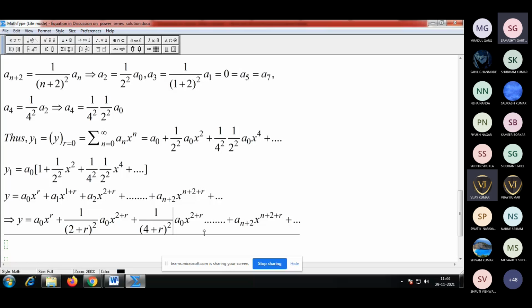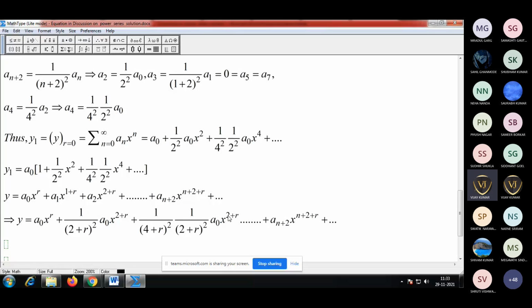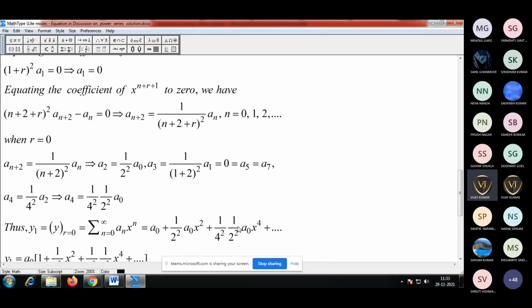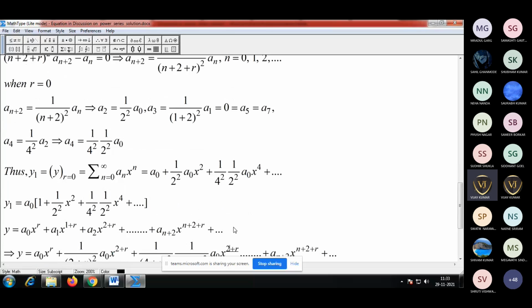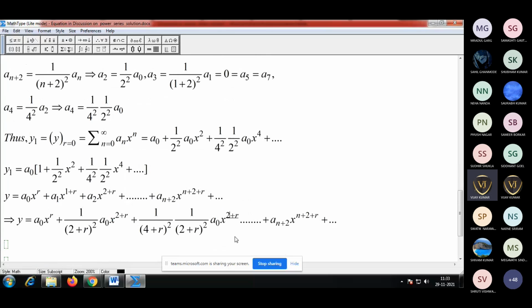You may check my calculation. Then n is 2. Then we get 4, so n is 2 means, just please check it. 4 plus r and so on.